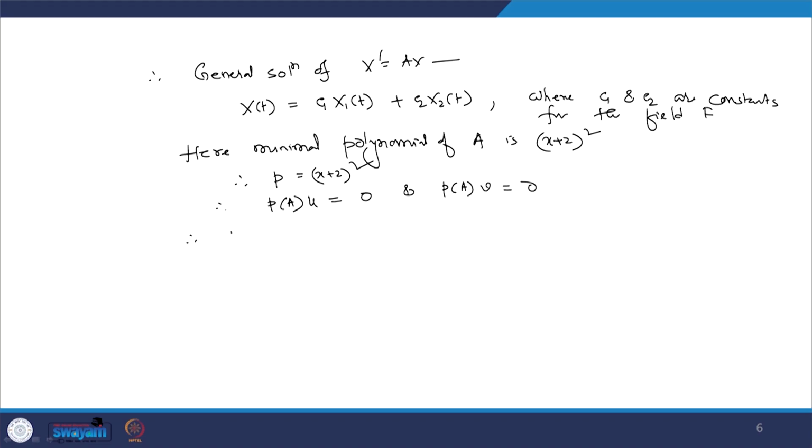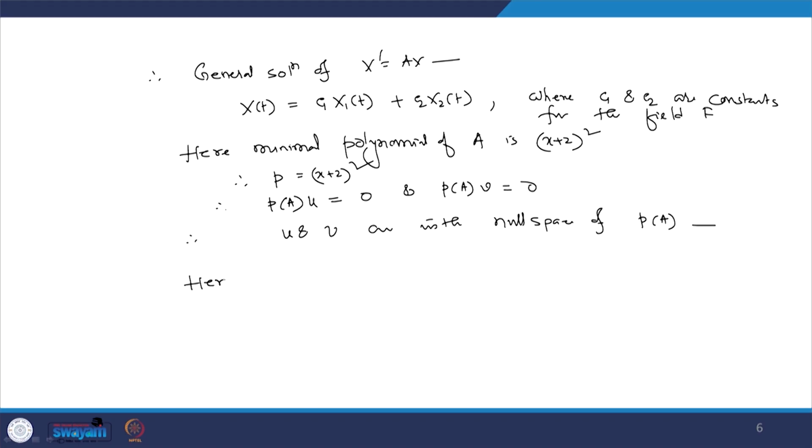So this implies U and V are in the null space of P(A).